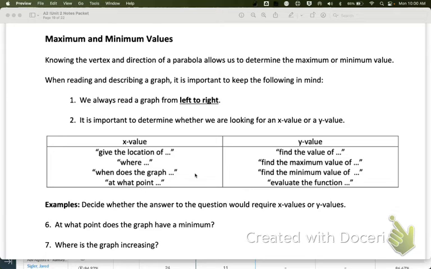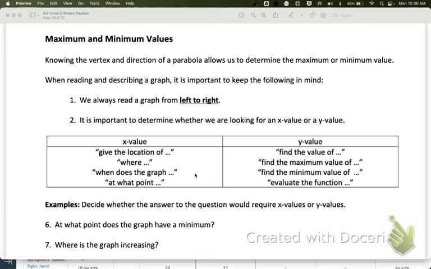When we read a graph, we always read a graph from left to right. And we've talked about this when we've talked about increasing and decreasing. We always describe where the graph is increasing or decreasing by its x values because we read a graph from left to right. So it's important to decide based on what the question is asking, do we want x's or do we want y's?